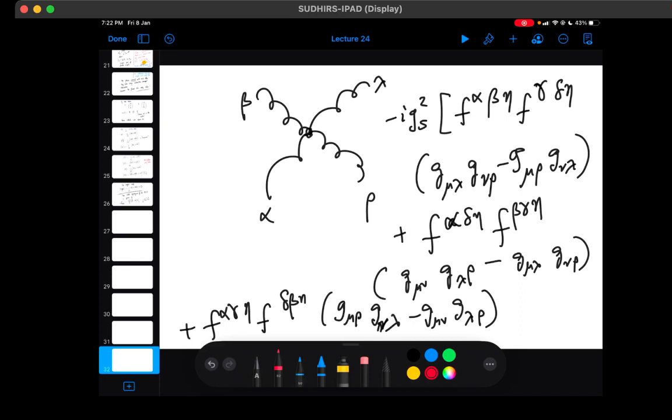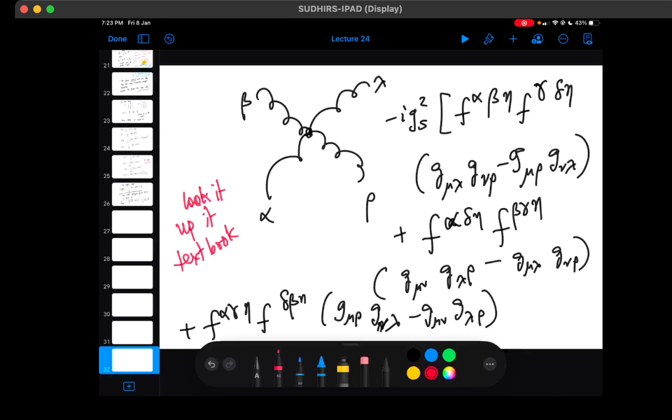Here I have chosen alpha, beta, lambda, rho as the color indices, and over the color indices you end up having this kind of combination. I didn't put in the Lorentz indices, but okay, I'll leave it as it is right now. Essentially, one can look it up in some textbooks, like the ones shown.